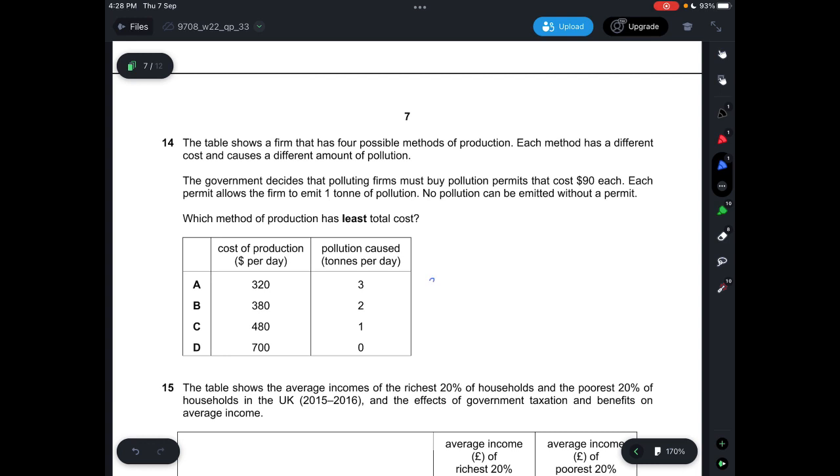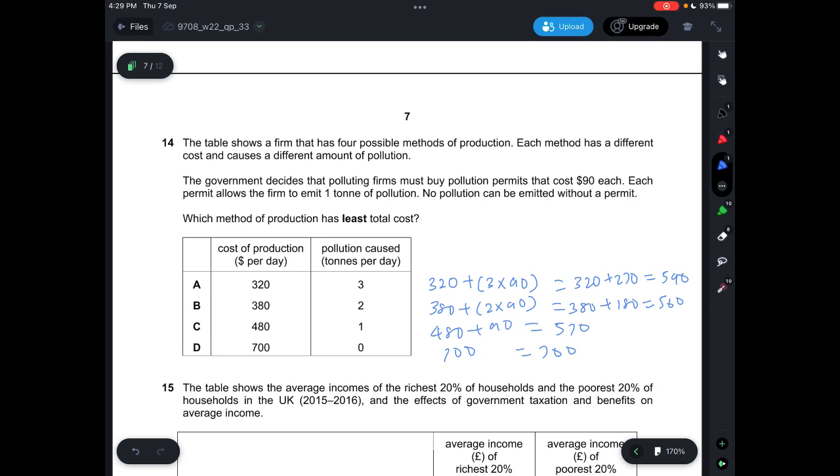So we take 320 plus 3 times 90, and then 380 plus 2 times 90, 480 plus 90, 700. Okay, so this one is 320 plus 270, 590. This one is 380 plus 180, 560. This one is 570, and this one is 700. So the one with the lowest total cost would be B.